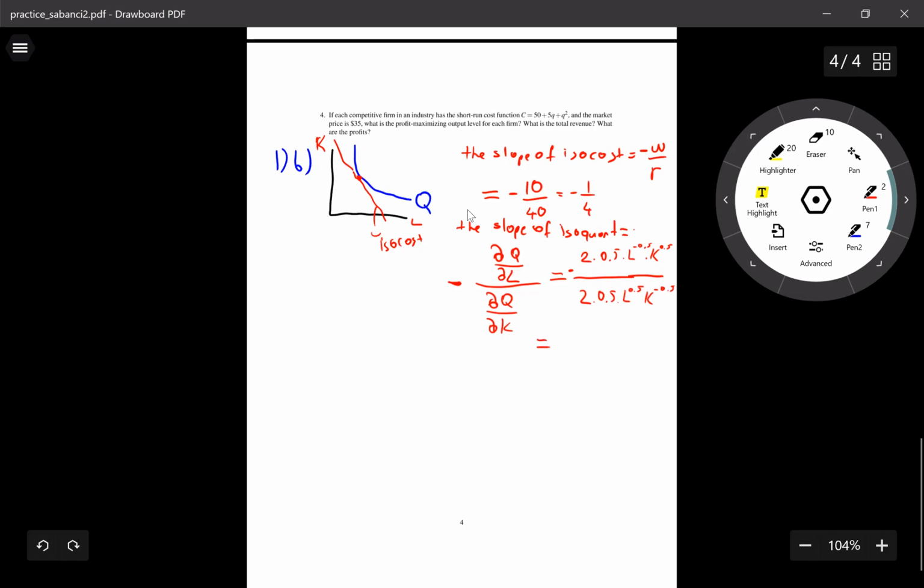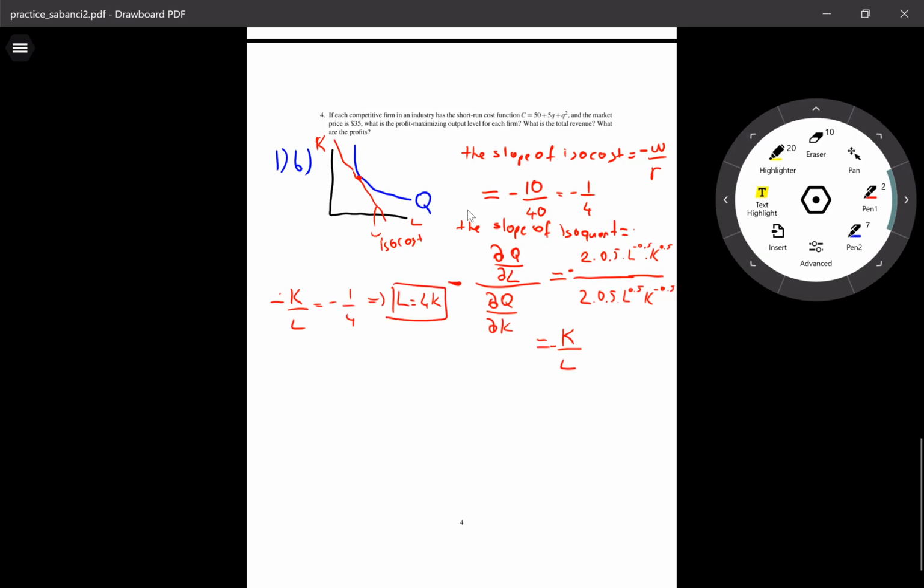If I do the math here, I will get minus K over L. Having the same slopes tells me that minus K over L is equal to minus 1 over 4. Then it gives us L is equal to 4K.